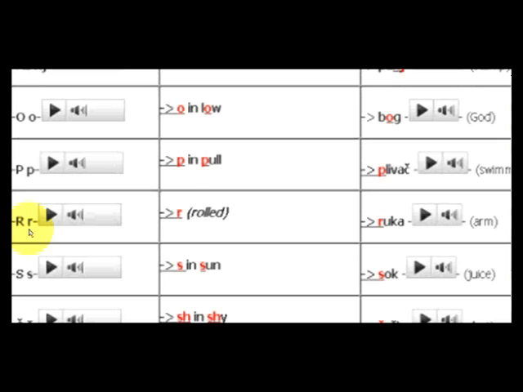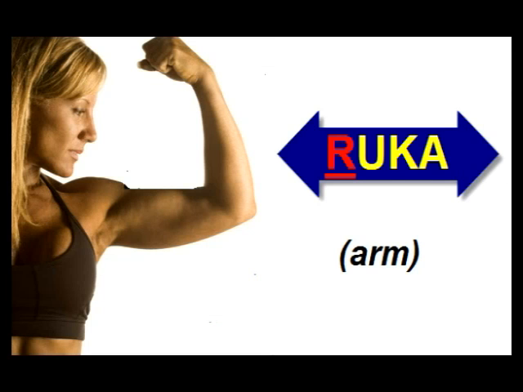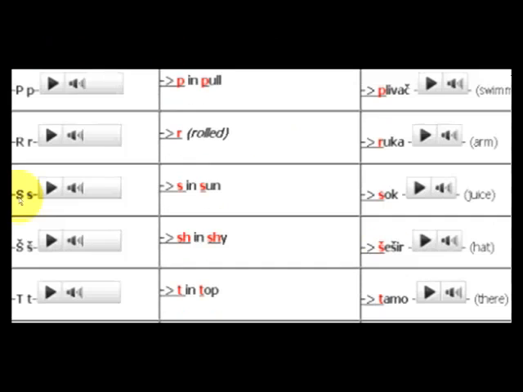In English we kind of curl the tongue back and say R. So straighten out your tongue and go R. Rolled, somewhat similar. R. Ruka.